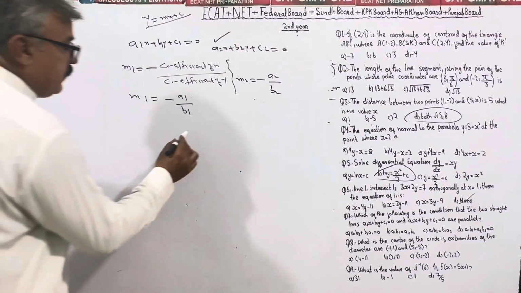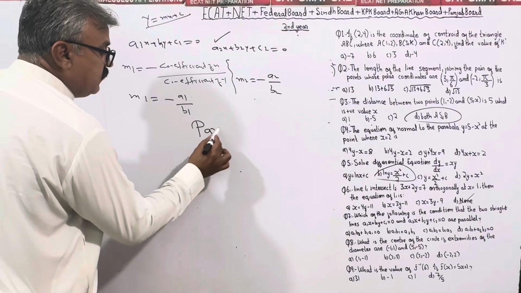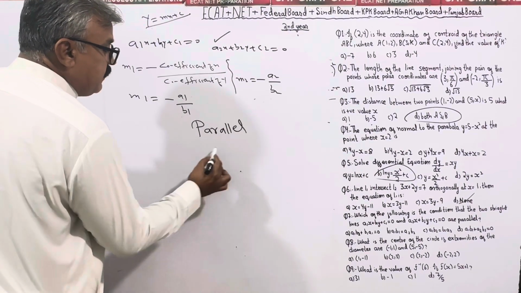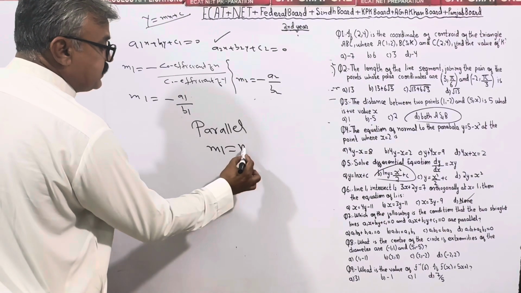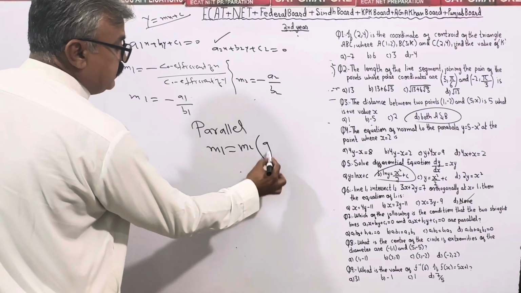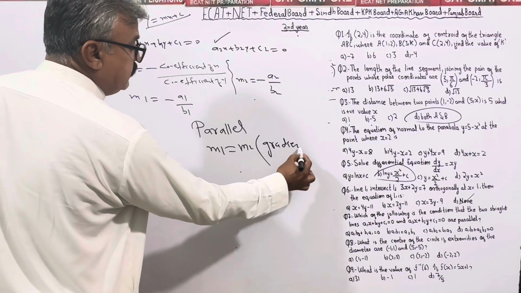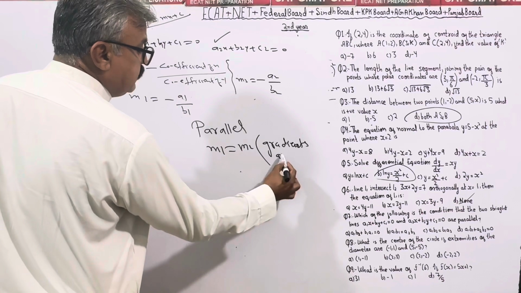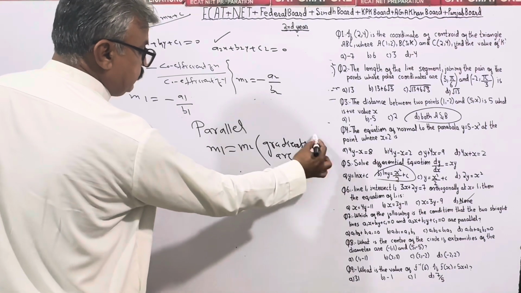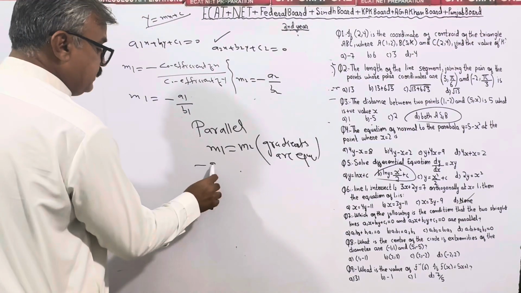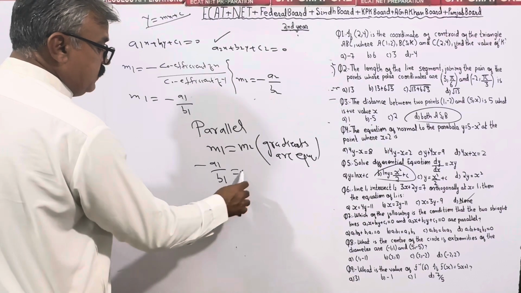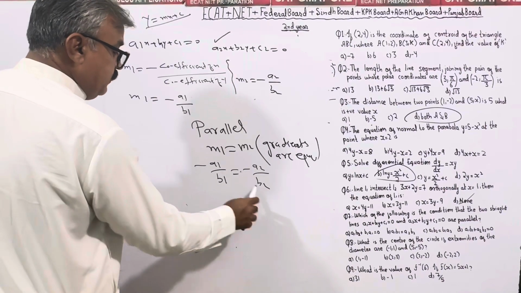Okay. We have been told the lines are parallel. Condition for parallel: when lines are parallel, their slopes are equal. Their gradients are equal. What is our m1? Minus a1 over b1 is equal to minus a2 over b2.